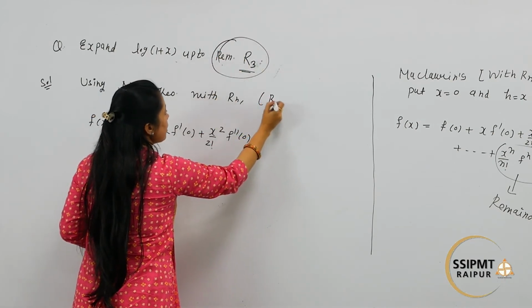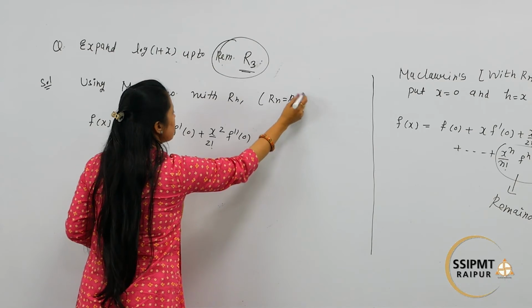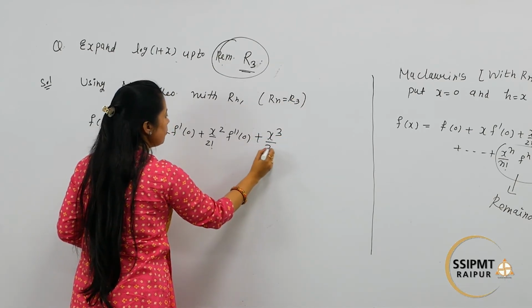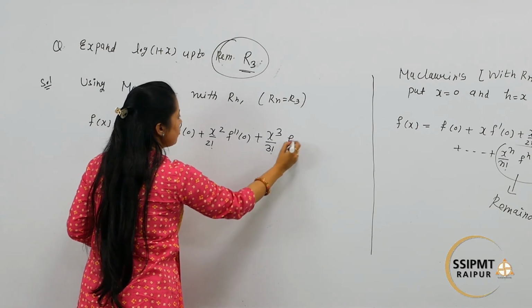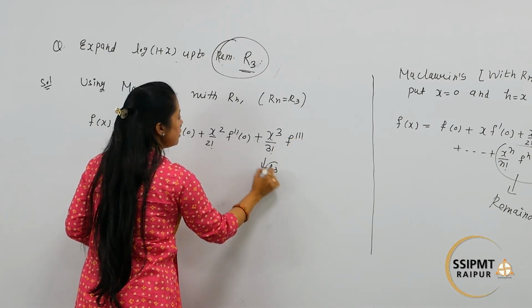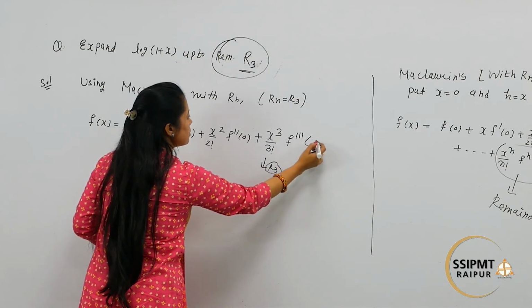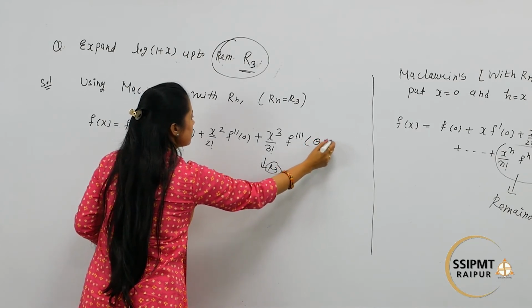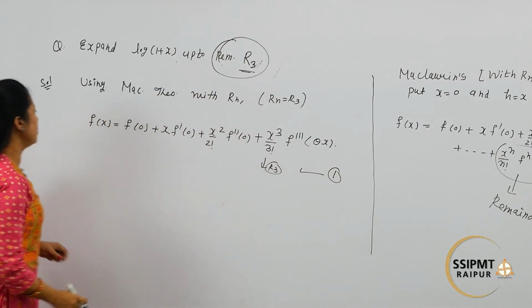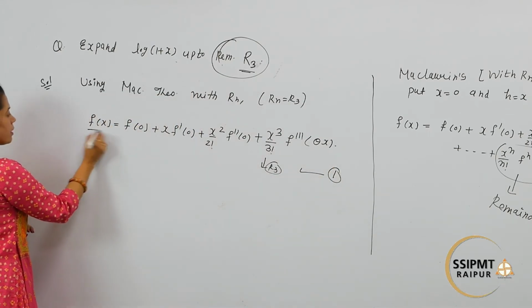That means Rn is equal to R3. Hence the last term will be x³/3! f'''(θx), and since it's the remainder, it is at θx. So take it as equation number 1, and we get the series.